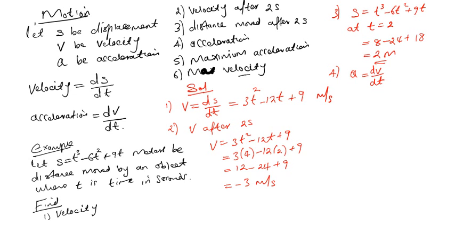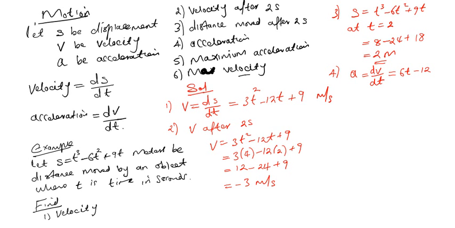So derivative of this must be equals to 6t, okay, then minus 12. That is the acceleration maximum. Now anytime we talk about maximum of anything, we usually from what we have learned in maximum, minimum and all that, anytime you talk about maximum, you simply saying equate the derivative to 0.